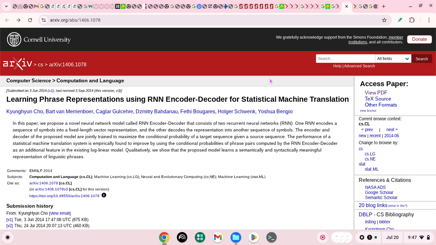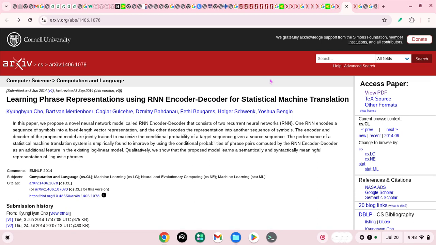RNN stands for recurrent neural networks. So again, to understand the transformer neural network architecture, we need to understand the attention mechanism. This attention mechanism takes us to a specialized architecture called neural machine translation. This neural machine translation was based on an encoder-decoder setup based on recurrent neural networks.